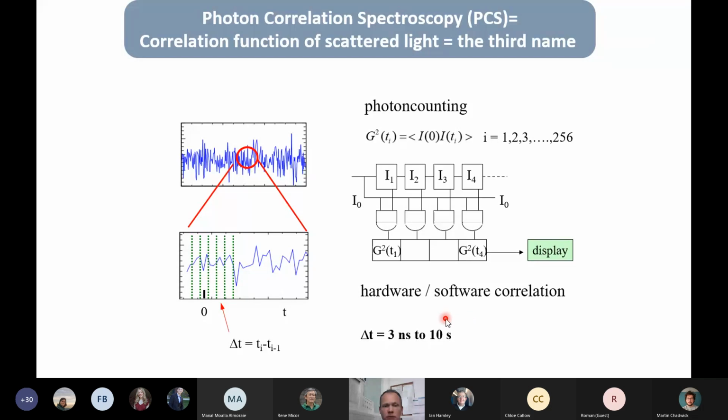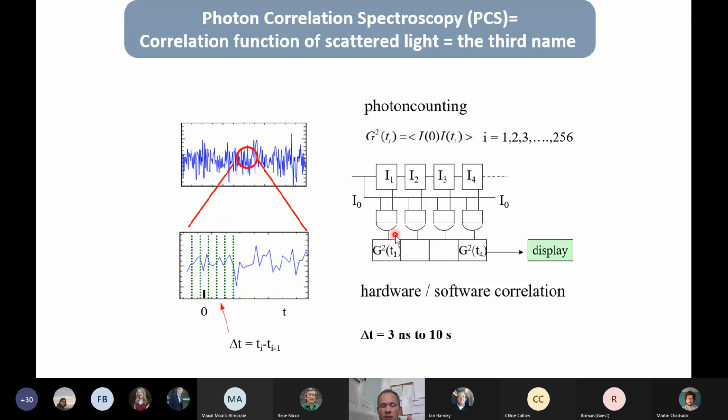Just to give you an idea how it works from the hardware point of view, I present here a picture of the fluctuation of the scattered light. The device known as a correlator chops the scattered intensity and puts the values into different memory cells.